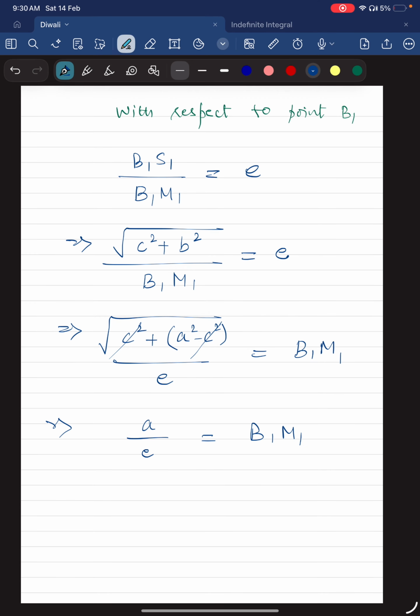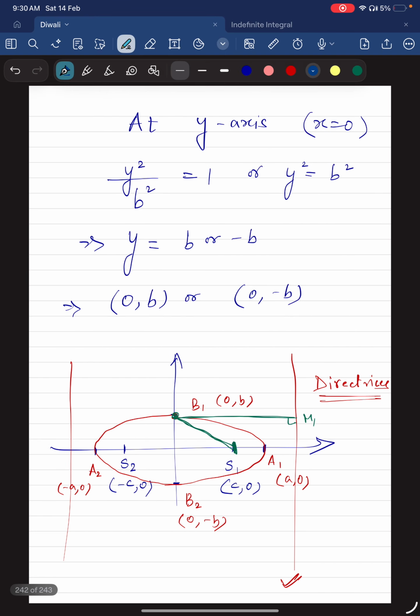That means the perpendicular distance of this directrix corresponding to focus S1 from the y-axis is nothing but A by E. This perpendicular distance actually gives me the equation of directrix.